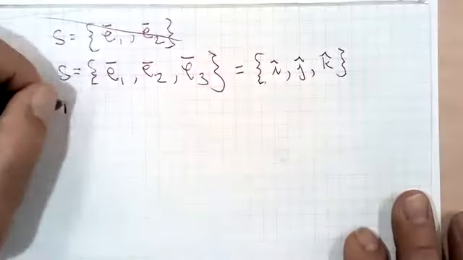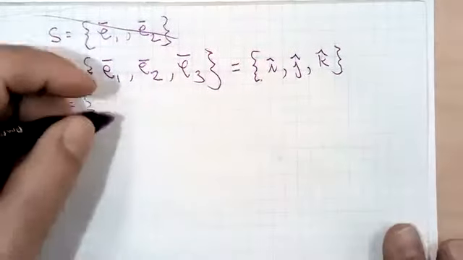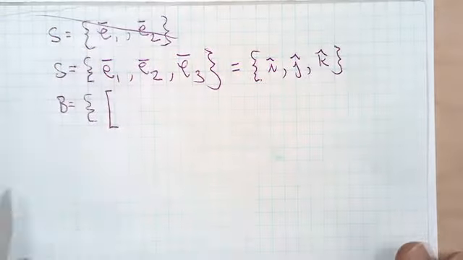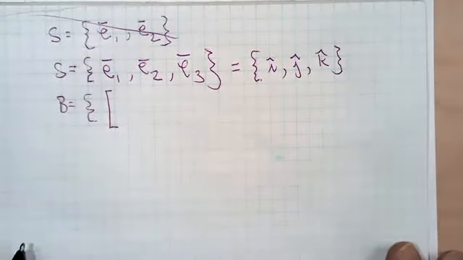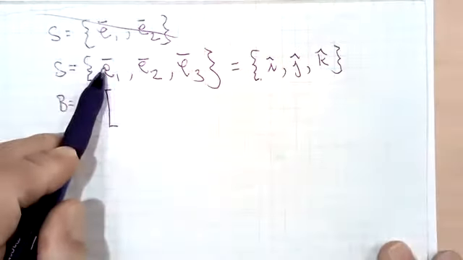I want to write another basis, which I'm going to call B. Let's say that that is the basis that has these vectors. How about if I just take the complements between 0 and 1? This one is (1,0,0), so I'm going to replace the ones by zeros and the zeros by ones.